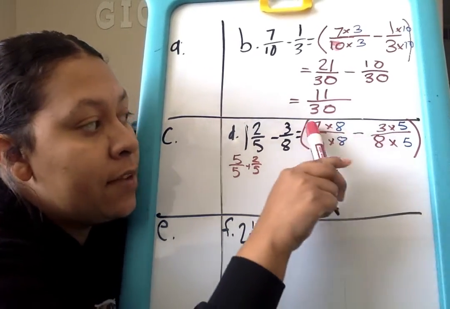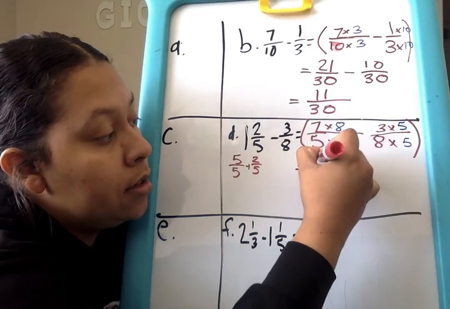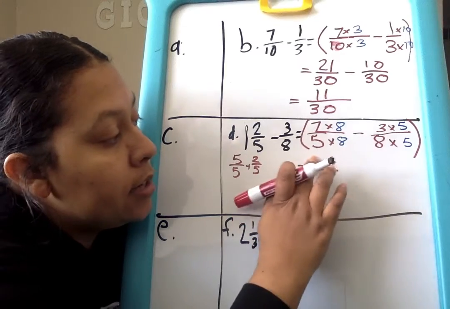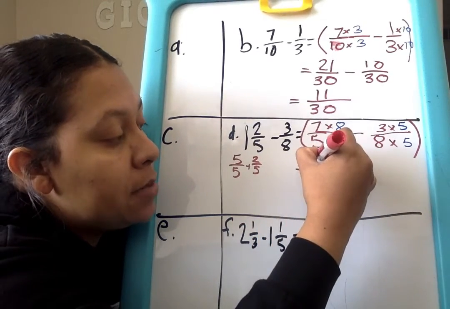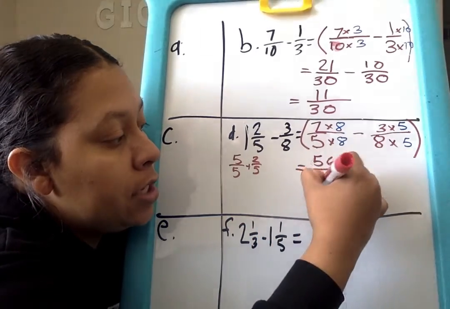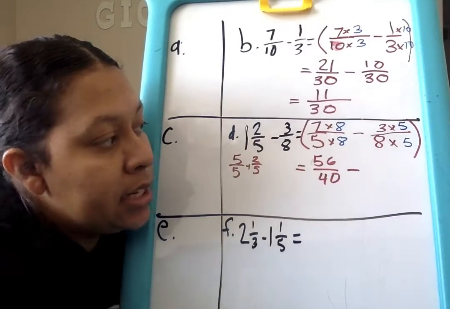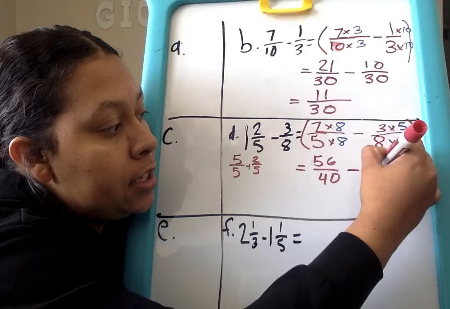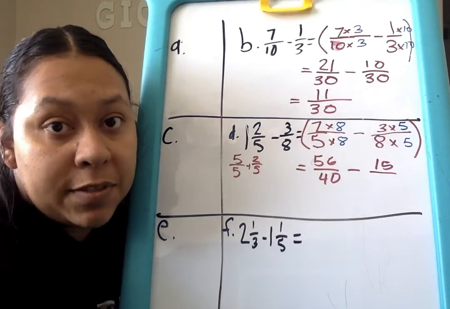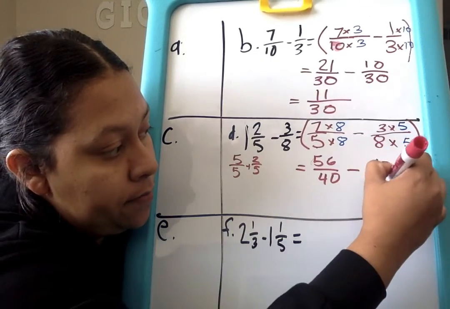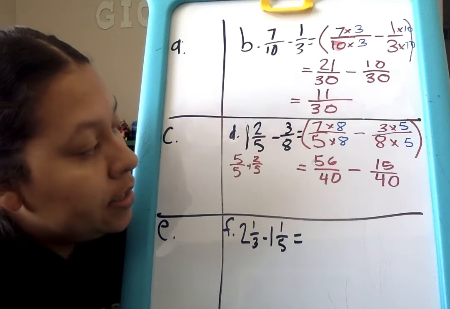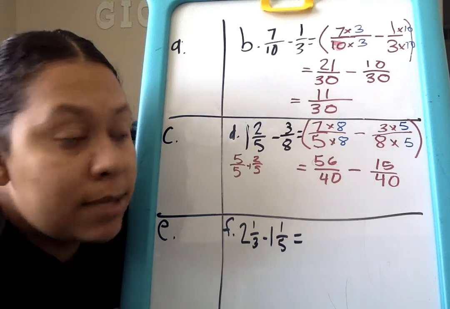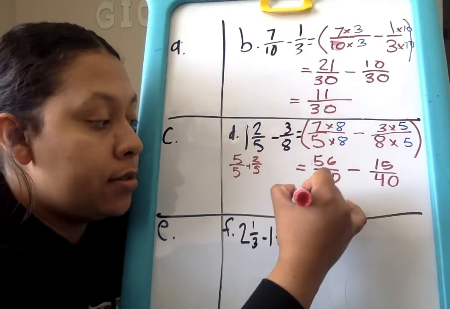So we have 7 times 8 is 56. And then 5 times 8 is 40, minus 3 times 5 is 15, 8 times 5 is 40. Okay, so now we have 56/40 minus 15/40.